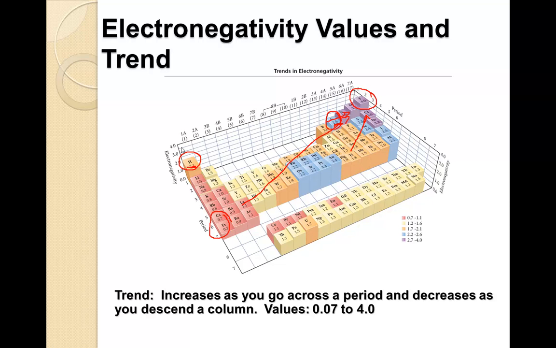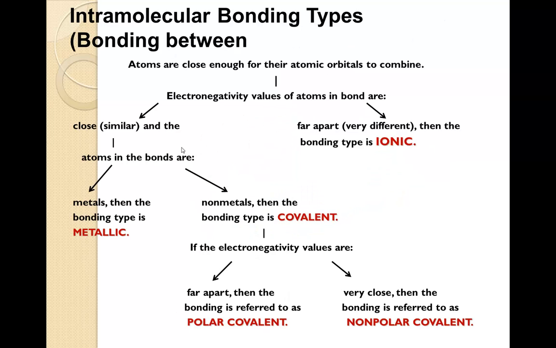Alright, so let's break down what kinds of bonds there are. Atoms are close enough for their atomic orbitals to combine to make a bond. That's what's actually happening. So then you have to look at the electronegativity values of the atoms in order to figure out what type of bond it is. If they're close or very similar to one another, then the atoms are bonded.